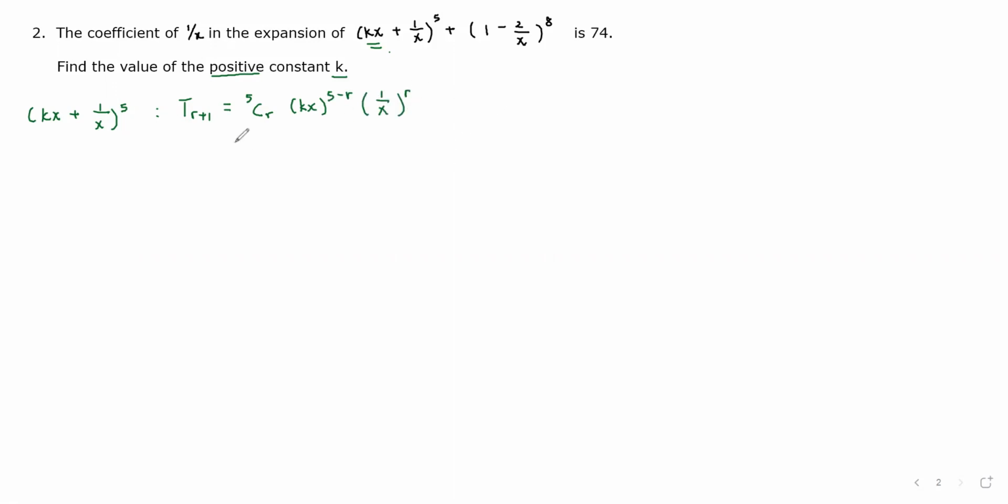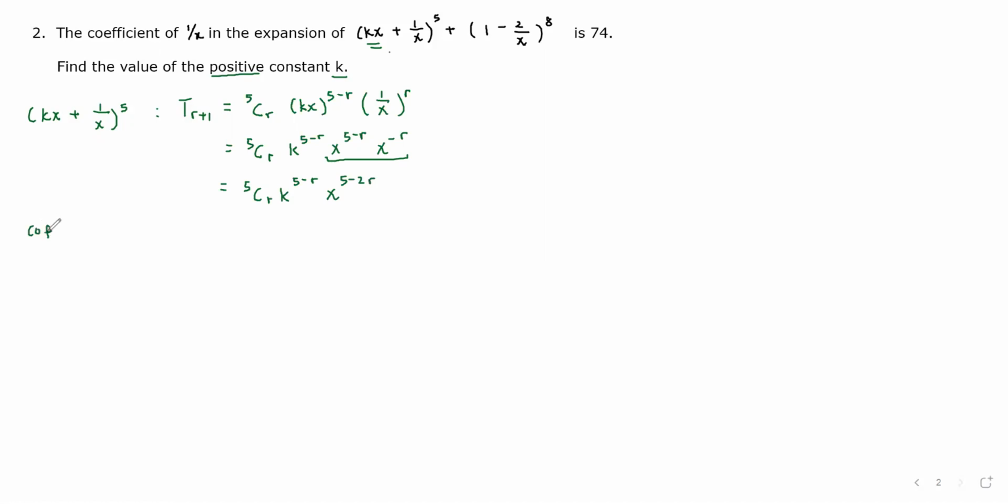So you can write this as 5Cr k to the 5 minus r, x to the 5 minus r, and 1 over x to the r becomes x to the negative r. And we can group these two together so that we have x to the 5 minus 2r.